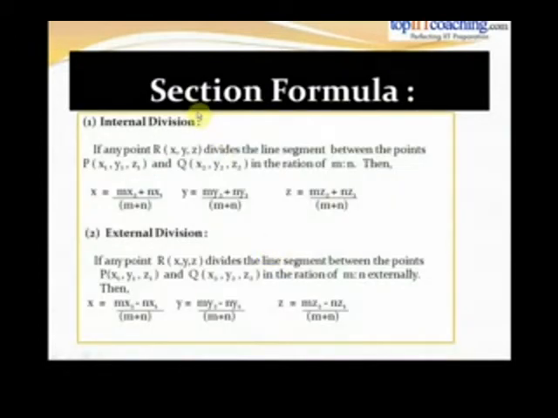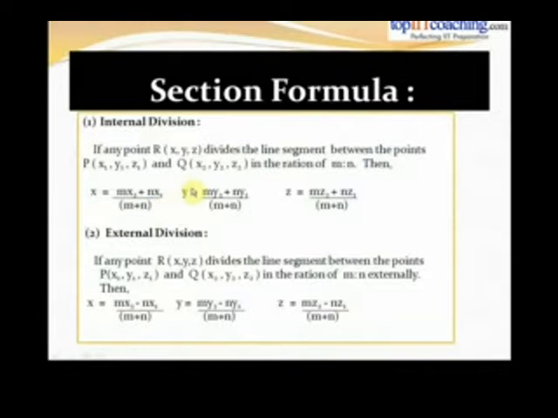The next is the section formula. This section formula is very much similar to the section formula which we have studied in coordinate geometry. So the first type of division is the internal division. Now if any point R(x, y, z) divides the line segment between the points P with the coordinates x1, y1, z1 and Q with the coordinates x2, y2, z2 in the ratio m:n, then the coordinates of point R are given by x equal to (m x2 plus n x1) divided by (m plus n).